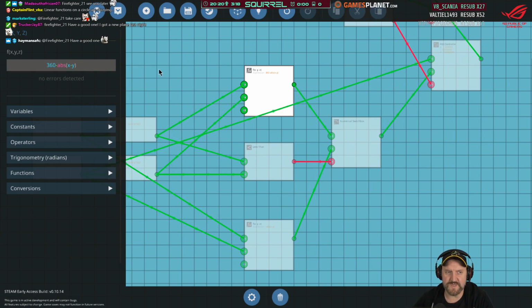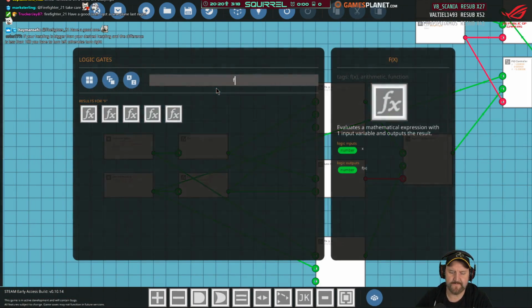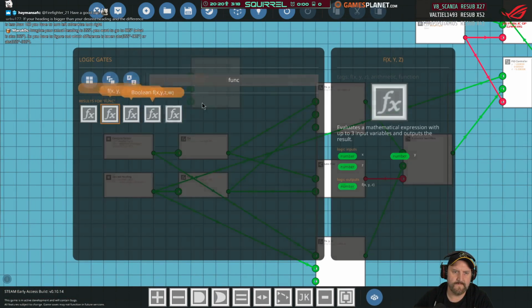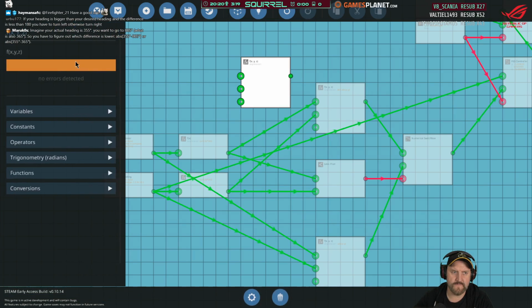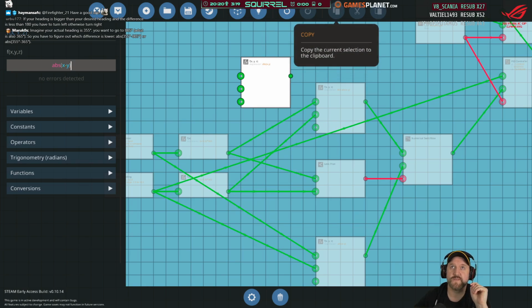All you really want is the delta between the two. You want to say, what is the difference between X and Y? What's the delta gap between them? This should not be hard.